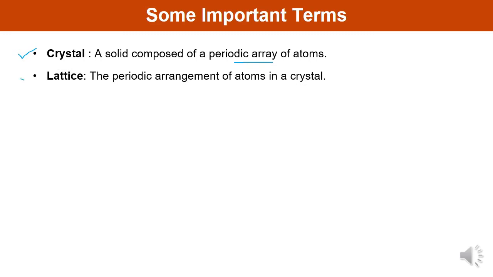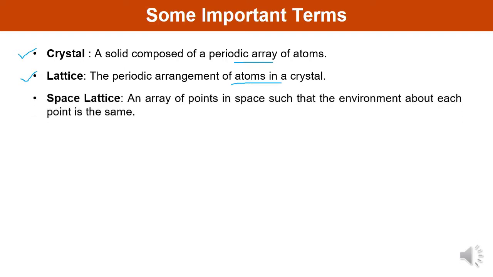What is lattice? Lattice is the periodic arrangement of atoms in a crystal. That is the lattice. One more term is space lattice. It is an array of points in space such that the environment about each point is the same. Means the environment about each point in that particular space is the same. That is known as a space lattice.